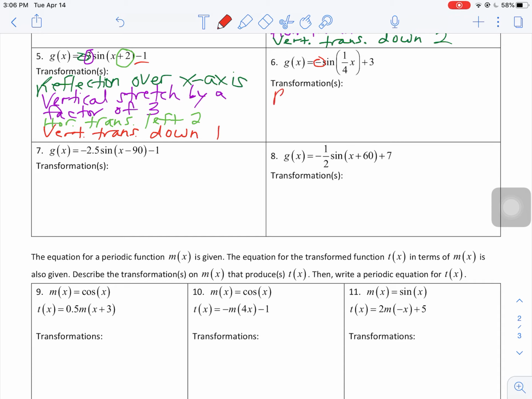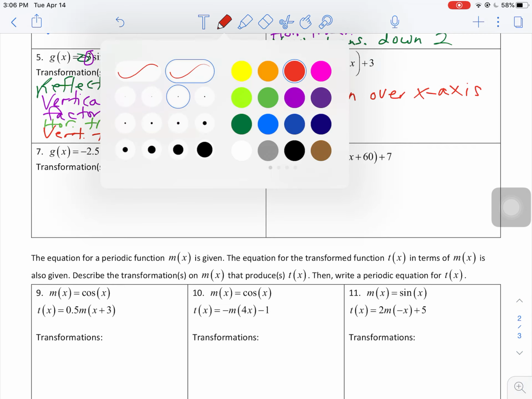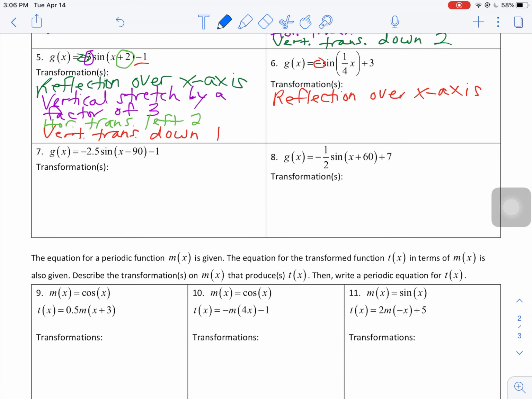On number 6, the minus sign in the front is a reflection over the x-axis. The 1/4 is inside the parentheses. It's in between 0 and 1. So that's actually a horizontal stretch, because the horizontal transformations are always backwards.